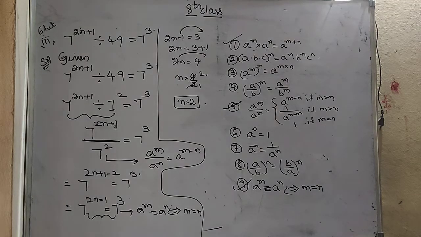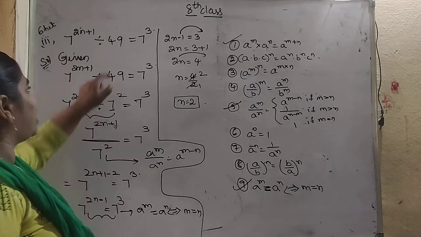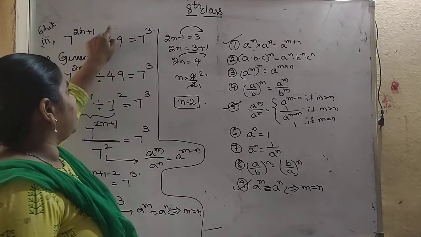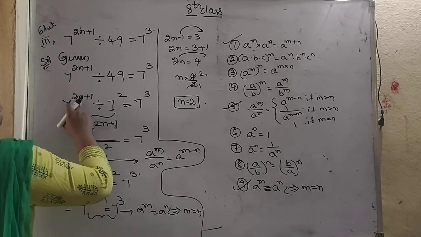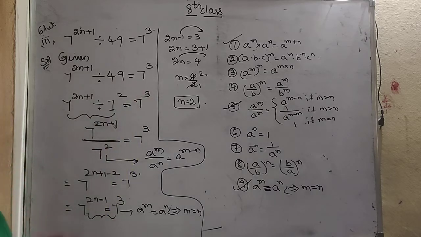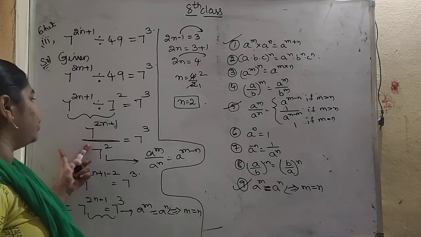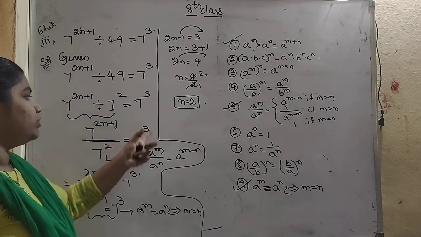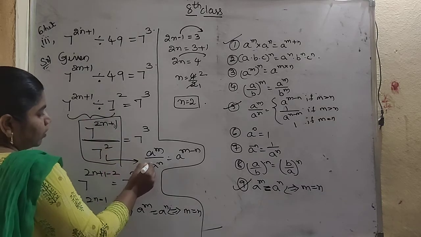Once again, see this. They have given the question as 7 power 2n plus 1 divided by 49 is equal to 7 cube. This 49 I wrote in the form of 7 square. So it is 7 power 2n plus 1 divided by 7 square is equal to 7 cube. I wrote this division in the form of by form. Now this is in the form of this formula.